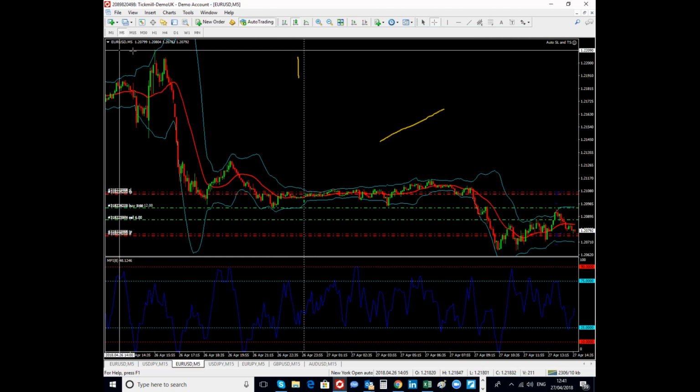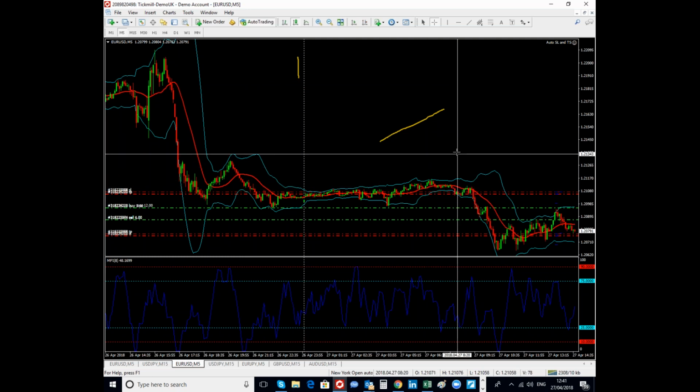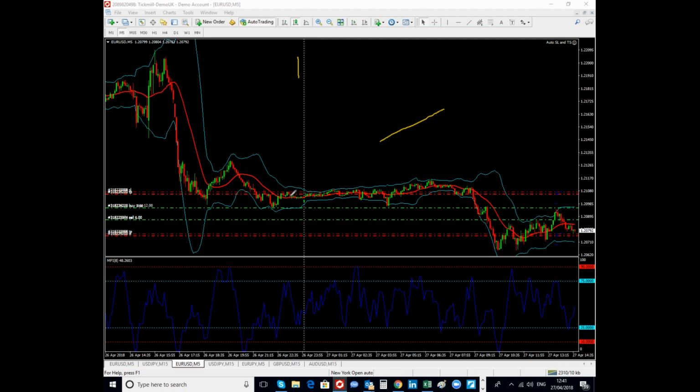You wouldn't trade euro-dollar in the early hours of the morning, would you? No. So that's why we see it like that. But when the market opens up, we can see the distance between the bands. Here, nothing's going on. As soon as the bands open up, that's where we have movement. So that's why we use the Bollinger Bands.